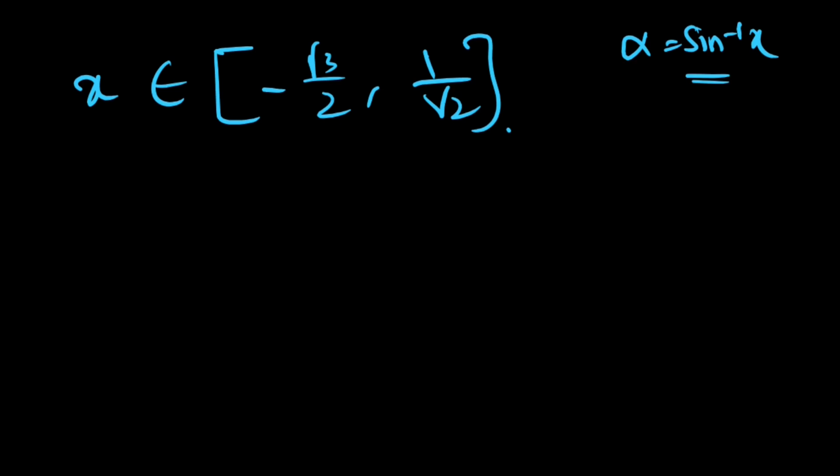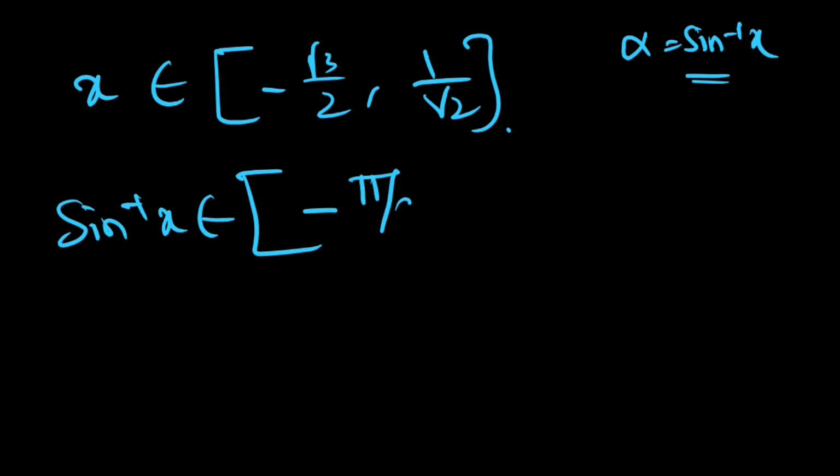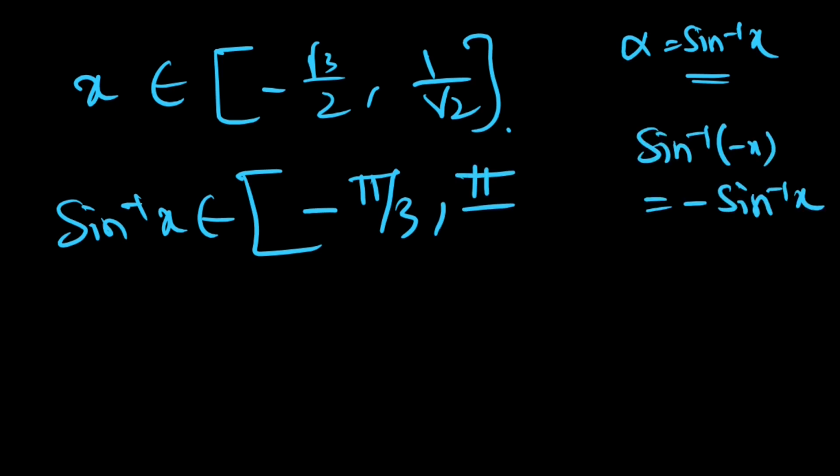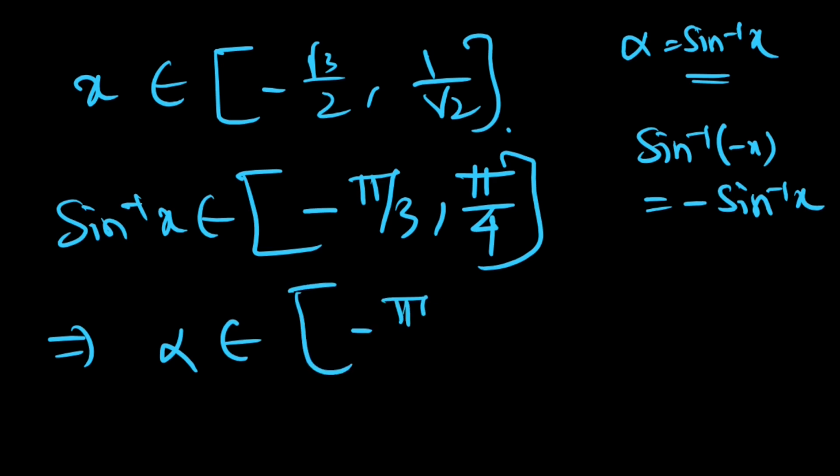When we apply sine inverse here, sine inverse x belongs to the interval from sine inverse of minus root 3 by 2, whose value is minus pi by 3, because sine inverse of minus x can be written as minus of sine inverse x, to sine inverse of 1 over root 2, which is pi by 4. This implies alpha belongs to [minus pi by 3, pi by 4].